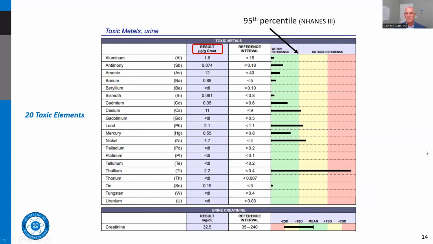Now, do keep in mind that we do report the creatinine concentration. This is for a timed collection. And what we're looking at here is just simply a dilute urine specimen. This does not mean that there's any indication for compromised glomerular filtration. You can't determine that from a spot or a timed urine collection alone.